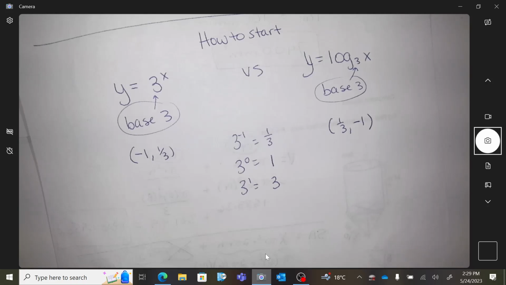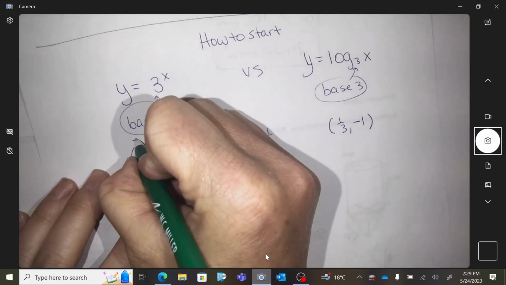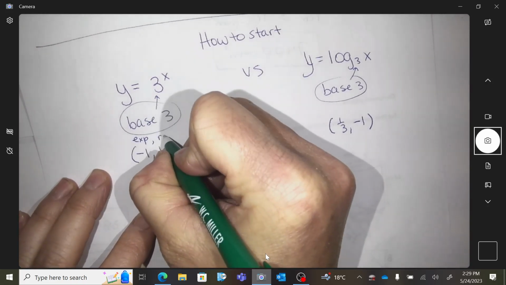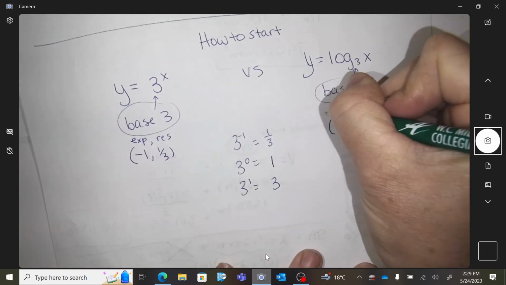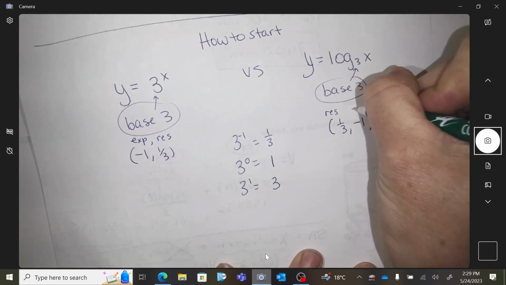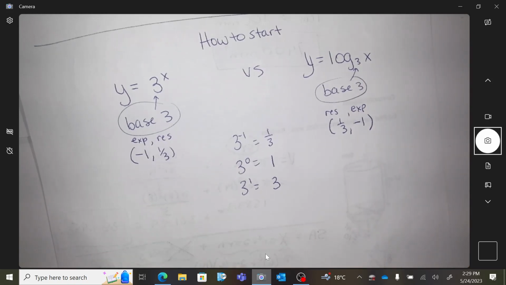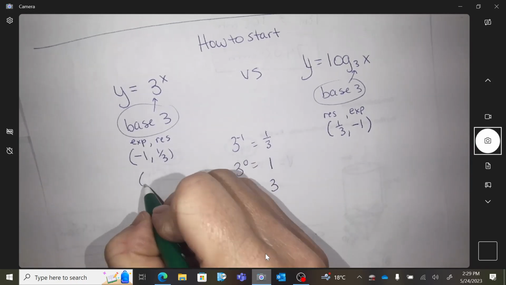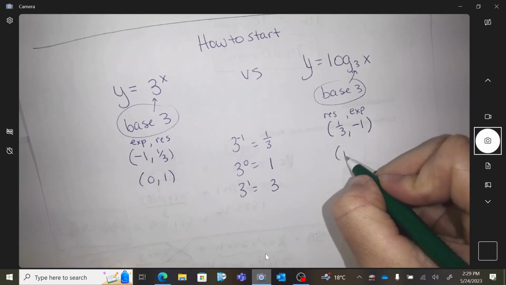So here's kind of the understanding. This is exponent, result versus this is result, exponent. Because remember our first day working with logs, we were always having to actually figure out the exponent at the end. That's the output this time. It's your backwards brain. Okay, so this is 0, 1, and this is 1, 0.